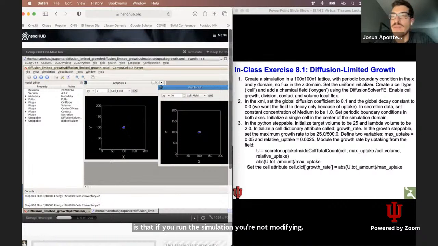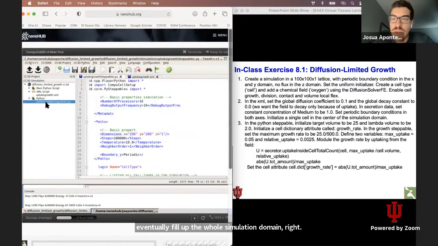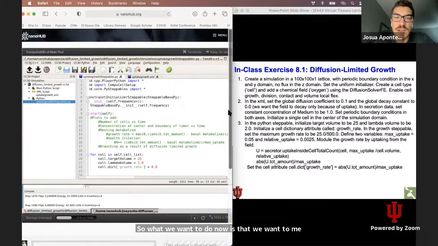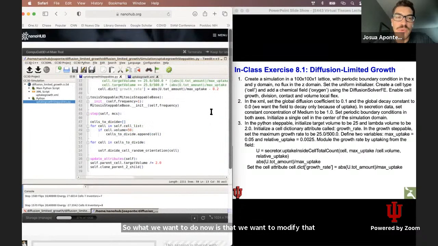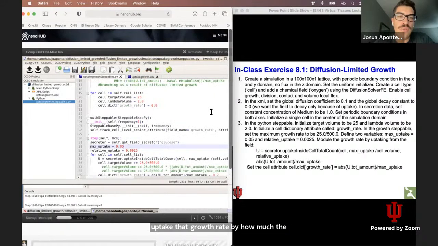So the growth rate is just gonna be as if there was no limiting factor. So it's gonna eventually fill up the whole simulation domain. So what we want to do now is modify that growth rate by how much the cell takes out from the environment.